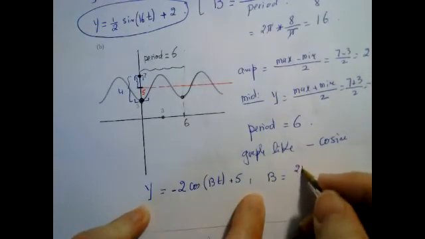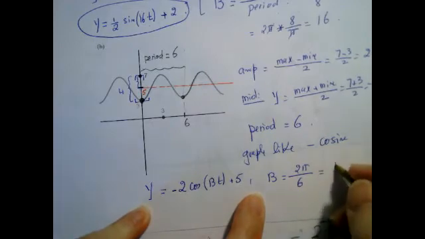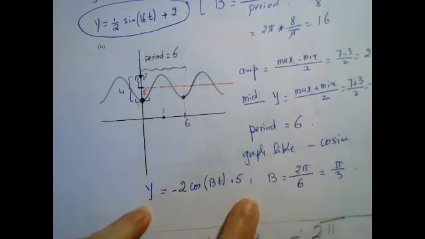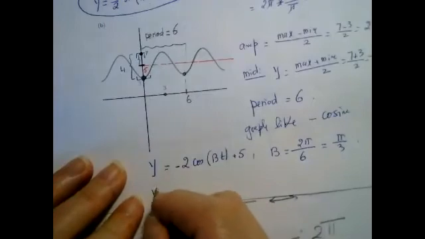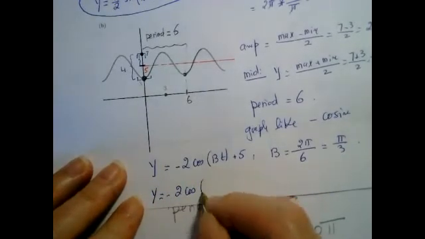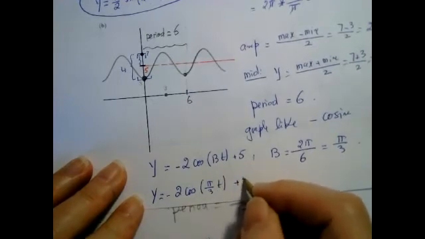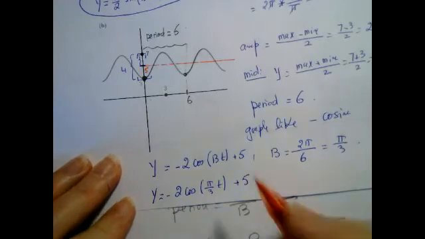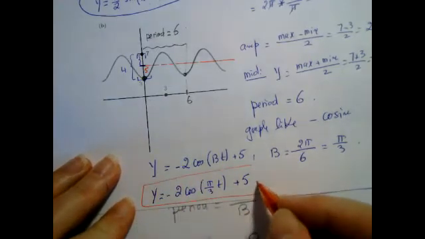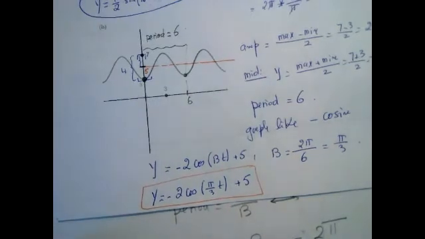The b is 2 pi over the period, which is pi over 3. So finally, my y equals minus 2 cosine pi over 3t plus 5. So this way, every one of you who made any mistake, hopefully you know exactly what mistake you made. Okay?